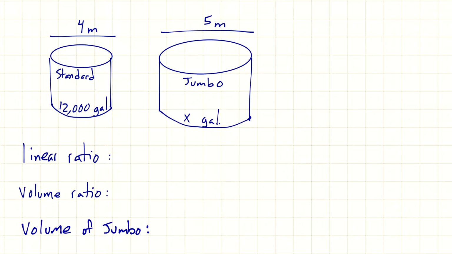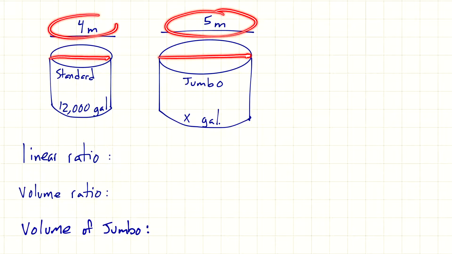All right, so first we need a linear ratio. Well, in this situation, the only linear measurements we have are the diameters that were given to us. So that's considered a linear measurement. So now we just need to make a fraction. So we have a 5 and we have a 4.